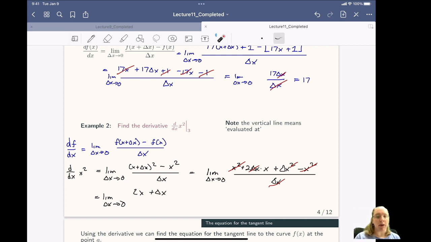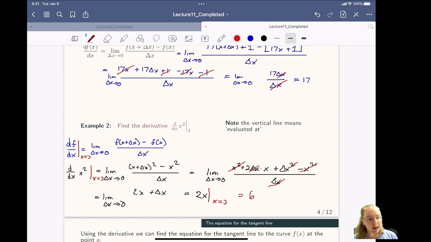Now, remember that sometimes the easiest way to evaluate a limit is to simply plug in the value. If we plug in 0, this goes to 0, and we simply have 2x. Now, there's one more thing we have to do here. We have to evaluate this at x equals 3. So we're going to plug in x equals 3 there, and we're going to get 6.